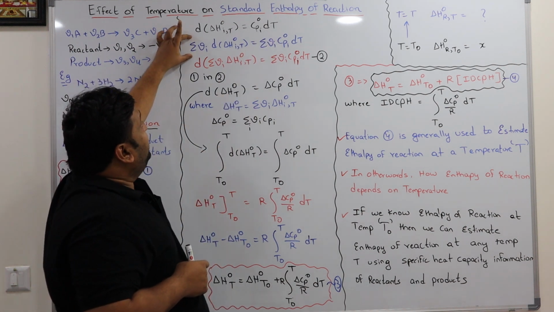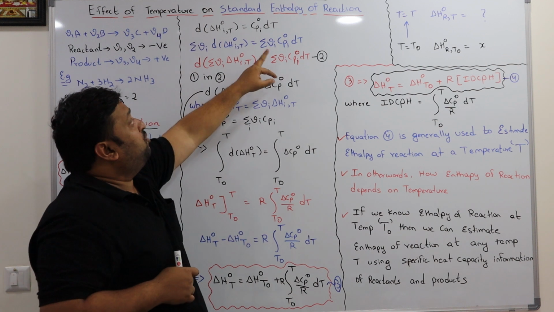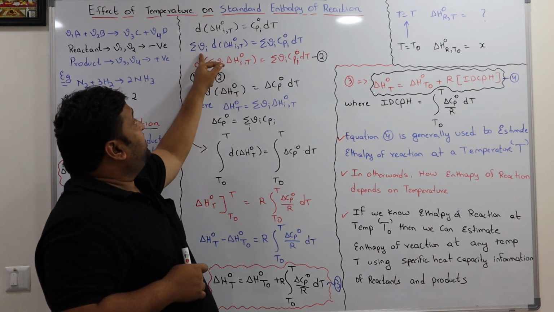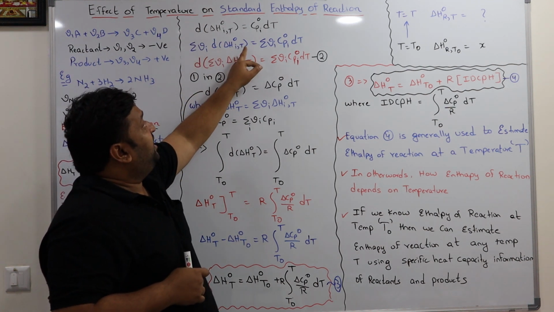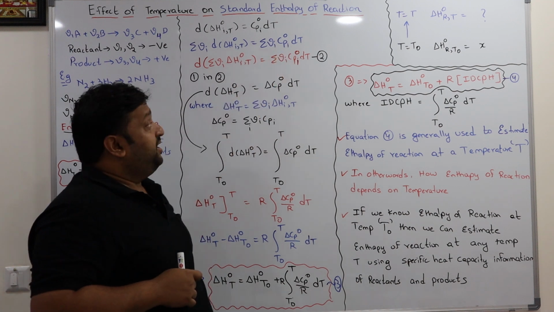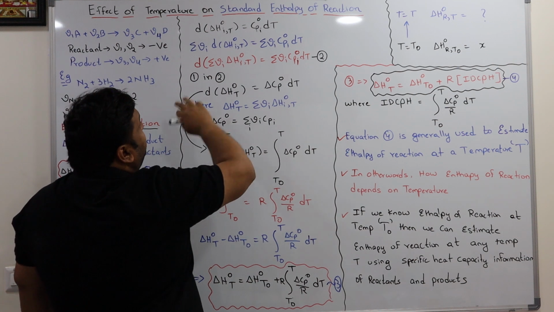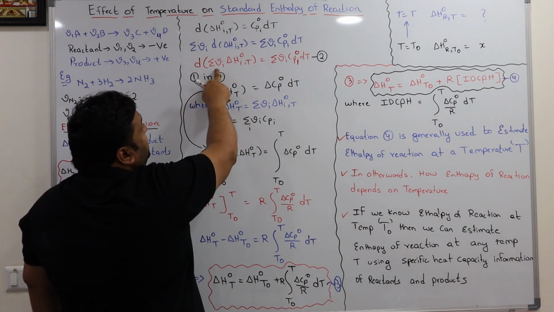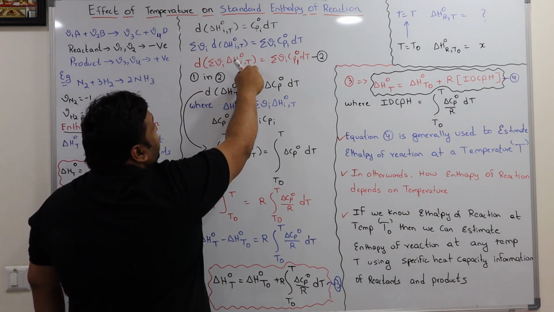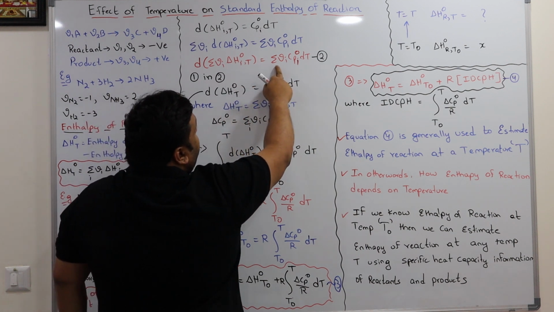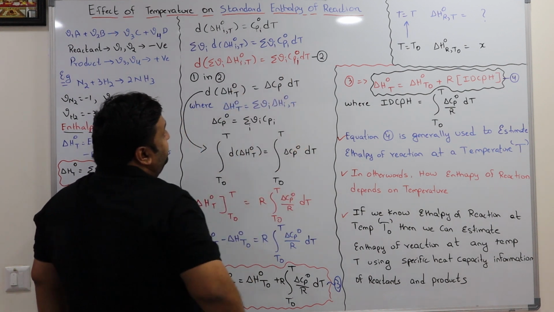Multiply by sigma nu_i on both sides: sigma nu_i d of delta H_i equals sigma nu_i Cp_i dT. Take the sigma nu_i inside the differential: d of sigma nu_i delta H_i equals sigma nu_i Cp_i dT.